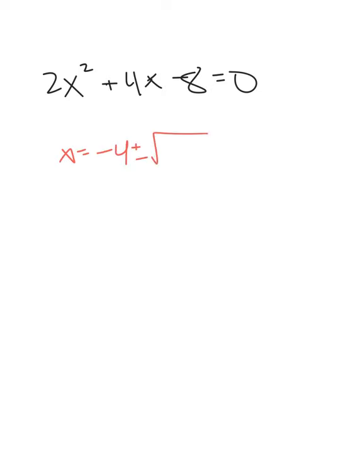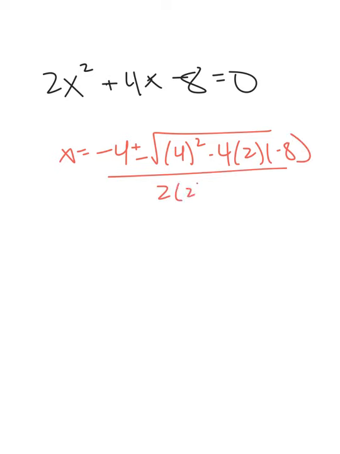So now we'll solve 2x squared plus 4x minus 8 is equal to 0. So if we start from our quadratic formula, x equals -4 plus or minus square root 4 squared minus 4a and c all over 2a.